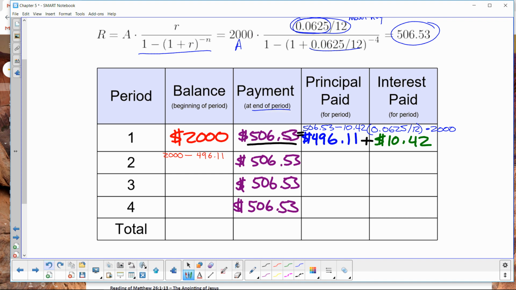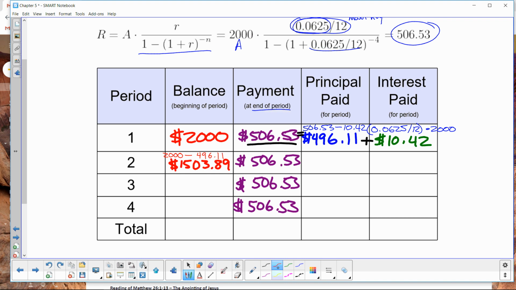And that is going to give me $1,503.89. When I take the $1,503.89 and add 496.11 to it, I get the 2,000.